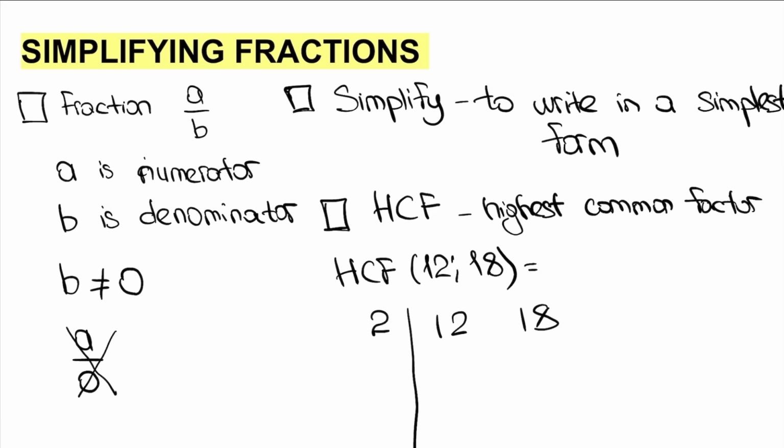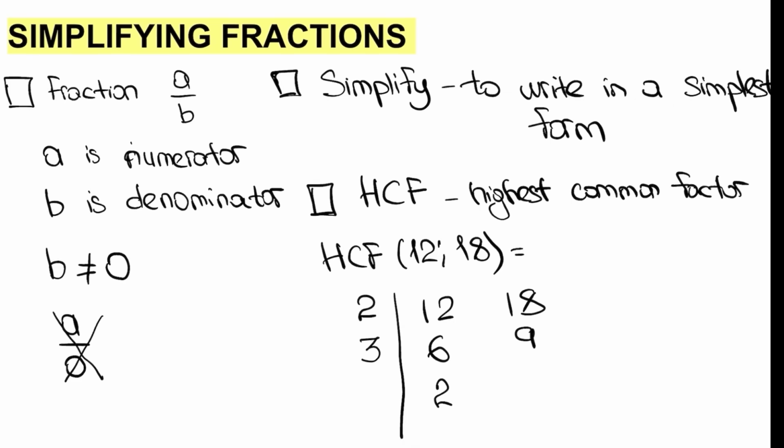The smallest number is 2, as they are both even numbers. 12 divided by 2, we get 6. 18 divided by 2, we get 9. 6 and 9 are both divisible by 3. We divide by 3, so we get 2 and 3. So the highest common factor of 12 and 18 is the product of 2 and 3, which is 6.